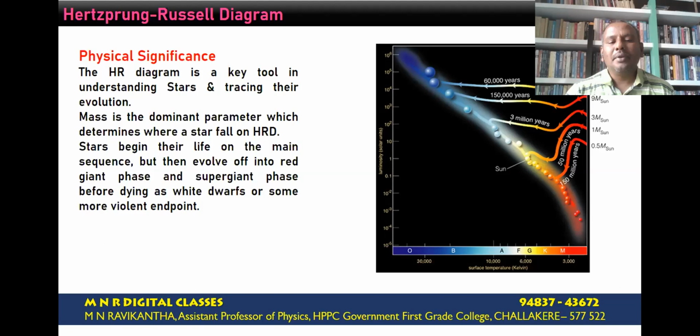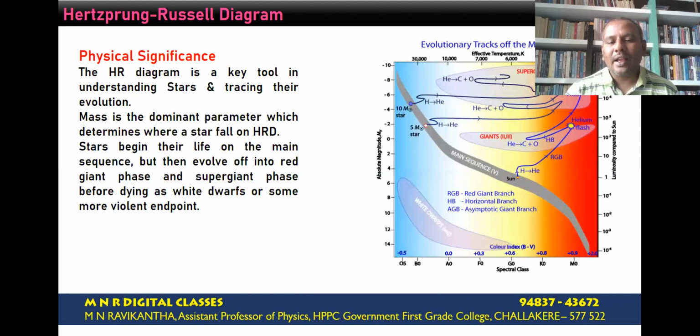The stars begin their life on the main sequence, but then evolve off into the red giant phase and supergiant phase, before dying out as white dwarfs or some more violent endpoint.